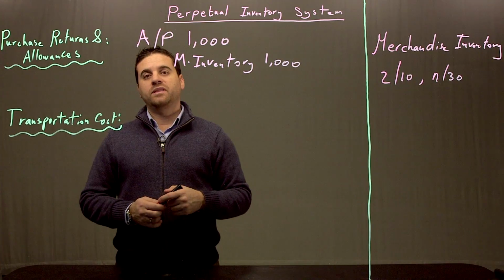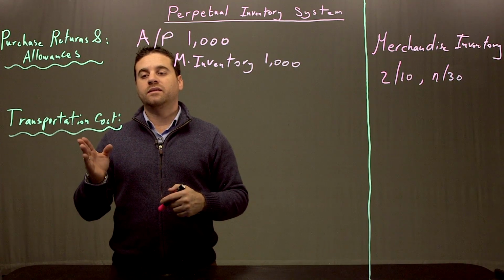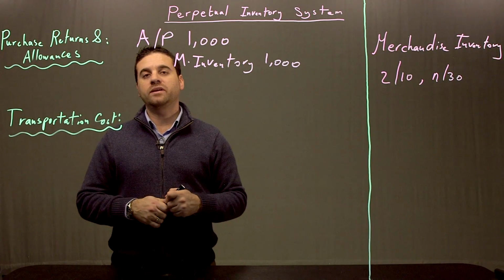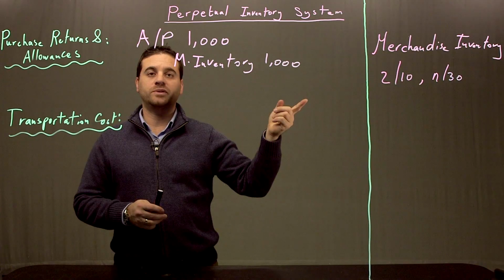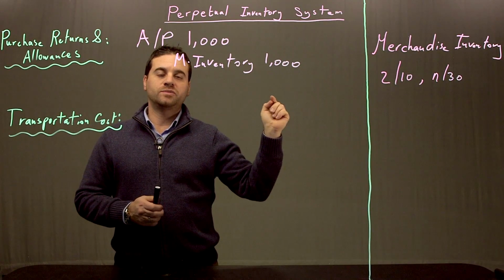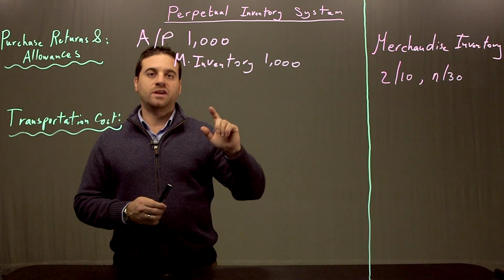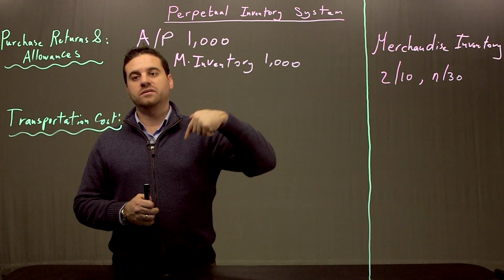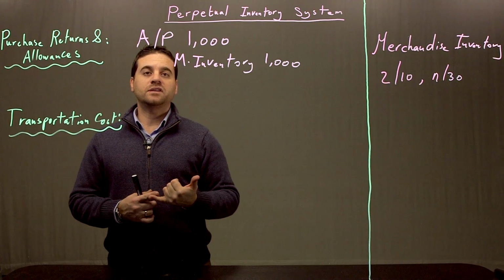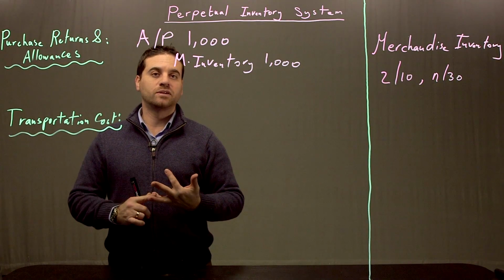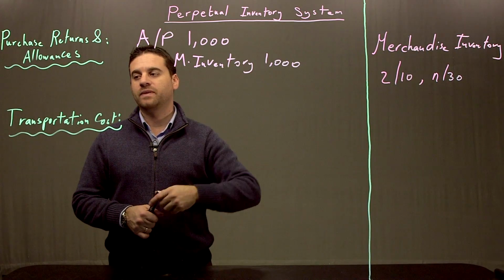The main difference between them, we as buyers: FOB destination means that the supplier, the company that we're purchasing from, is responsible to transfer the inventory to our place. So it's destination from their point of view. It means our place is their destination. So we don't have to be worried about paying for transportation, and we don't have to be responsible for anything that happens to the inventory while it's being shipped to us.